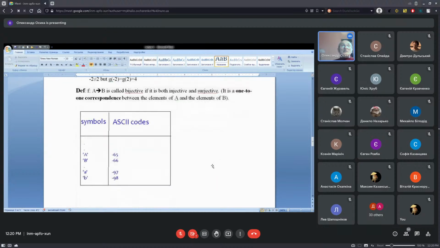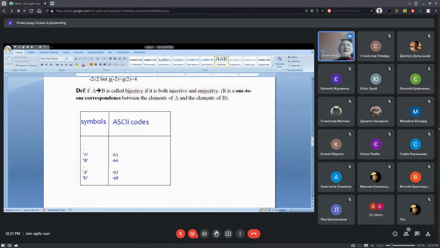Now we come to a most desirable case in many cases in discrete mathematics and in other branches of science. Definition: a function f from A to B is called bijective if it is both injective and surjective.